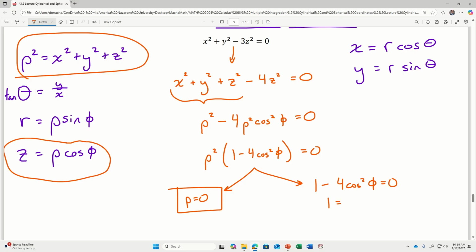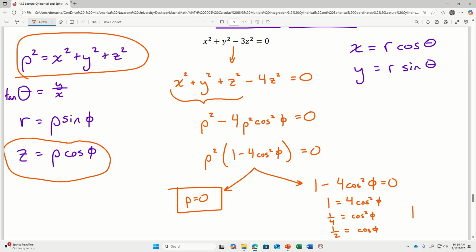Which means 1 has to be equal to 4 cosine squared phi. And that means 1/4 is equal to cosine squared of phi. And that would mean 1/2 is equal to cosine of phi.